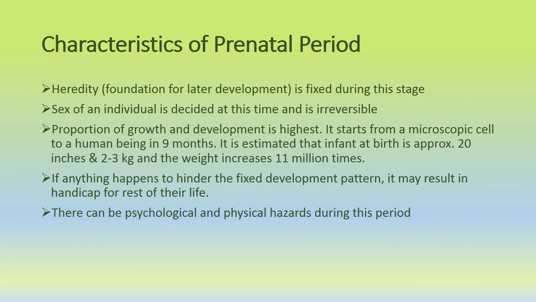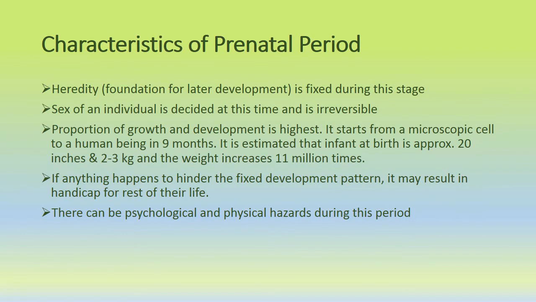It is also very important to understand that the proportion of growth and development in the prenatal period is the highest. When we talk about proportion, that is the rate of growth at the prenatal period and the rate of the growth at the postnatal period. There is a vast difference between the growth rates.